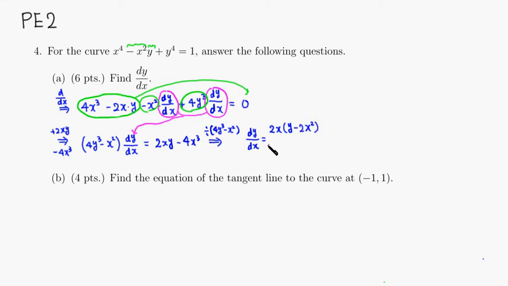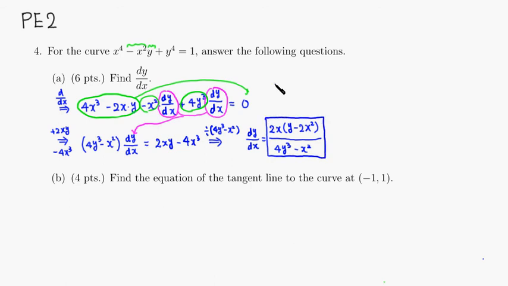Then divide through by 4y cubed minus x squared. So this is dy over dx.